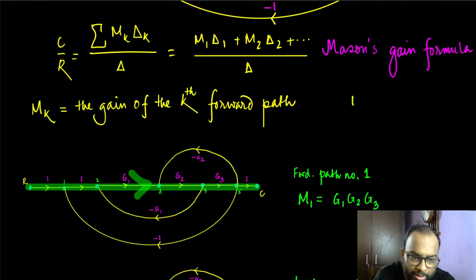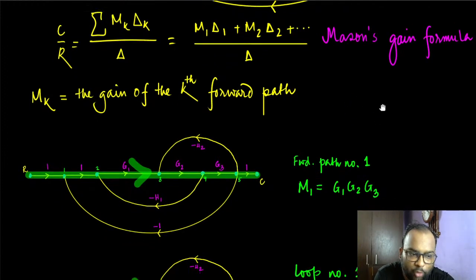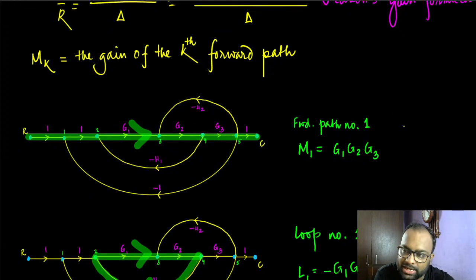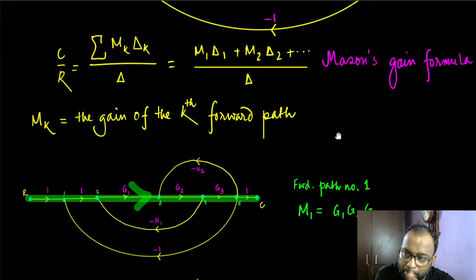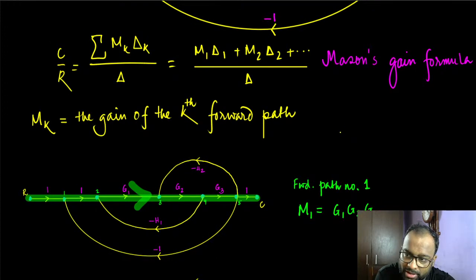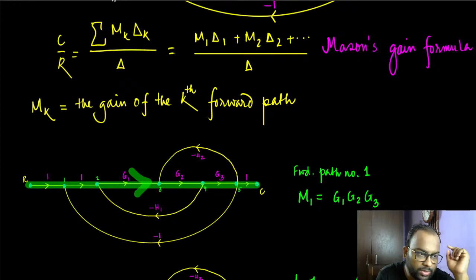So M1 would be the gain of the first forward path. Now, how many forward paths do you have? Forward path is essentially a path. Now, what is a path? A path in a graph is essentially starting from one node and ending at some other node, but without traveling through any edge twice. Okay, so that's a path.